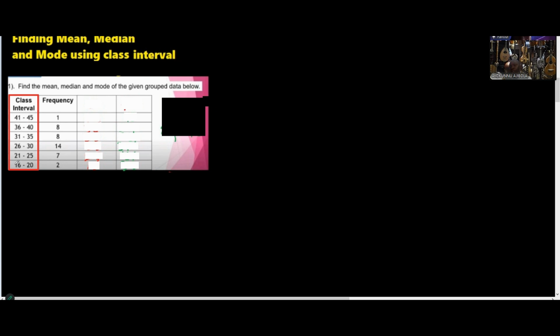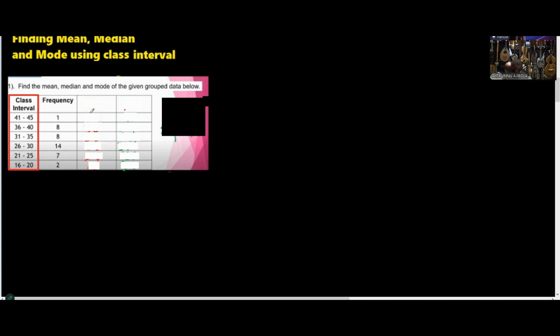The class interval from 16 to 20, we have two numbers. 21 to 25, we have seven numbers. How many numbers exist between 38 and 40? Eight numbers. That's correct.